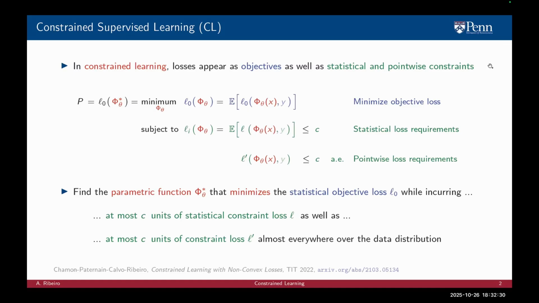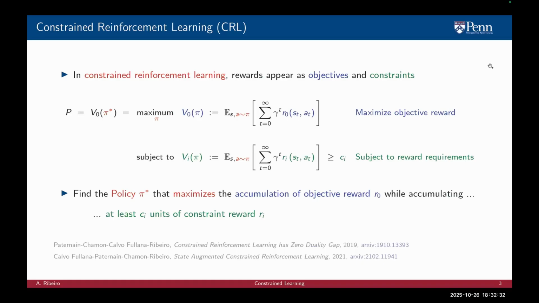Alternatively, maybe you are more of a reinforcement learning person, in which case you formulate problems with the same flavor. In a regular reinforcement learning problem, your goal is to maximize some objective reward. We collect rewards from the environment, we discount those rewards, and then we take the expected value with respect to the state distribution and the action distribution, which is what you're actually training for.